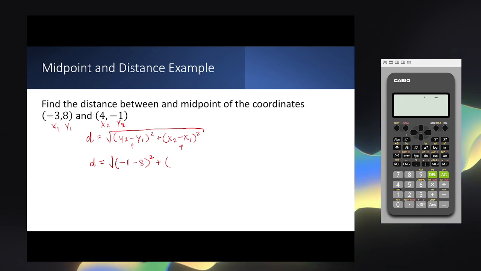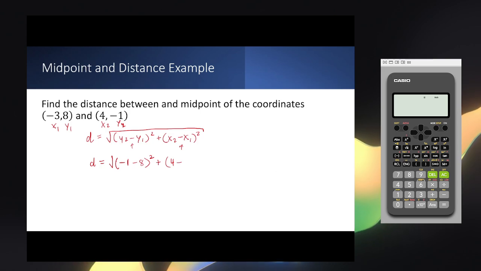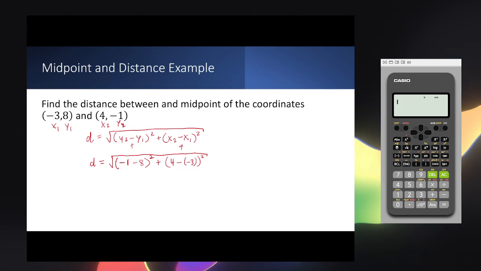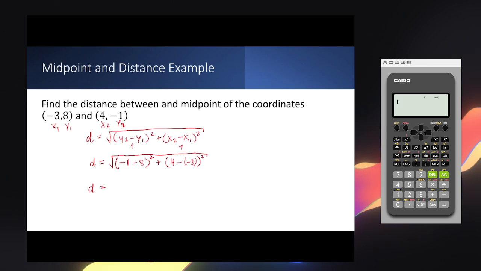And then for the second one, x2, which is 4, minus x1, which is -3, okay? It's very important that we have it that way around, and it's squared. Distance is equal to, okay? Well, from here, we've got everything that we need.